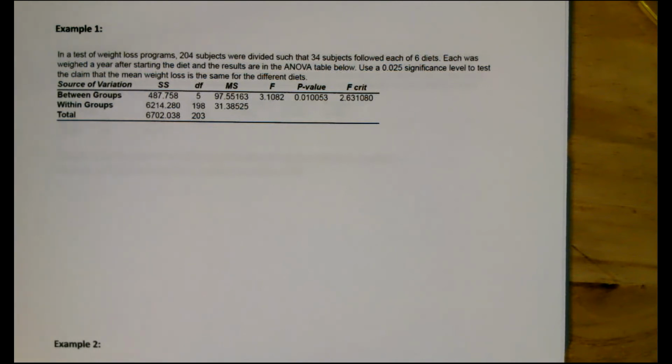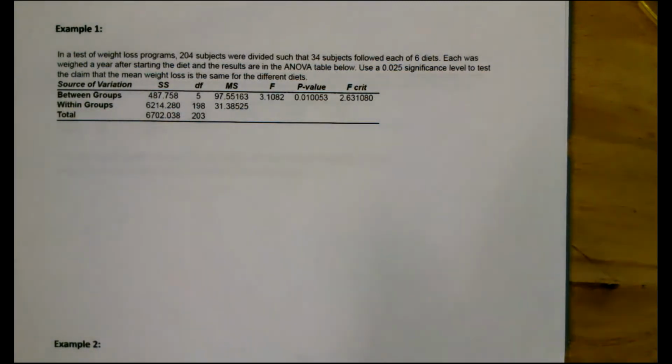Use a 0.025 significance level to test the claim that the mean weight loss is the same for the different diets. Okay. And this is the output that we have right here. I'm just going to go through the 8-step procedure with you all, just so you can see how this works.